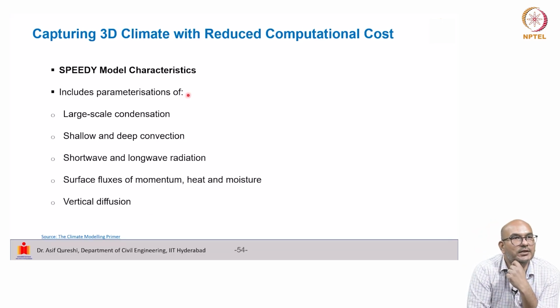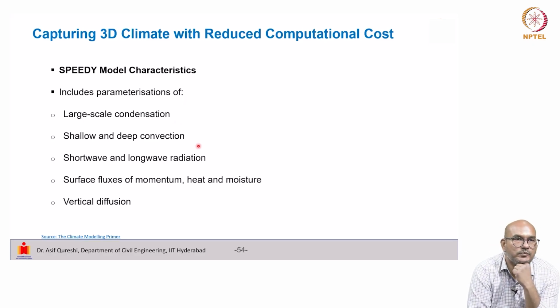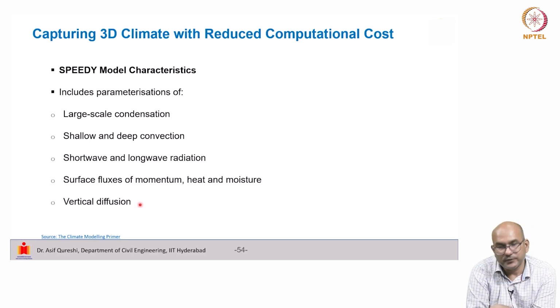This model includes the parameterization of large scale condensation, shallow and deep convection, short wave and long wave radiation, the surface fluxes of momentum, heat and moisture, and the vertical diffusion.